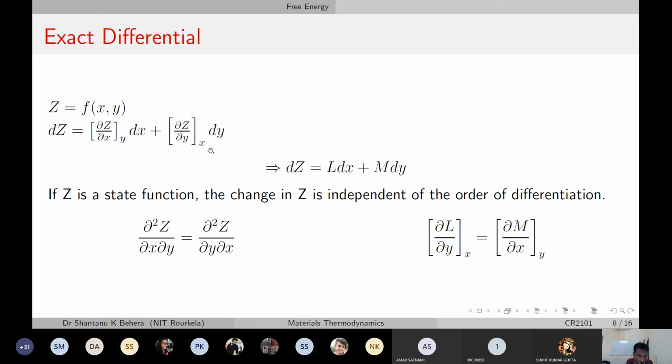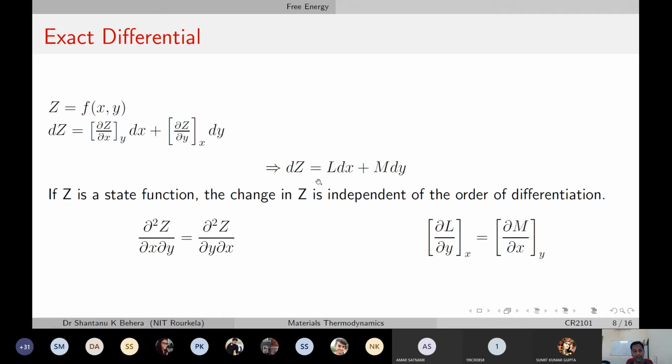If this is what it is, then we can define del z by del x at constant y as a function L, and del z by del y at constant x as a function M. Okay, now we are able to define something like dz is equal to L dx plus M dy.